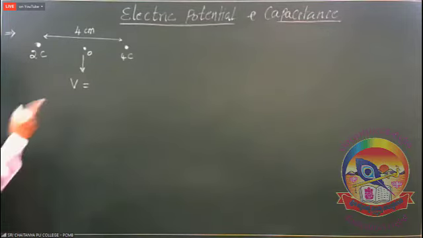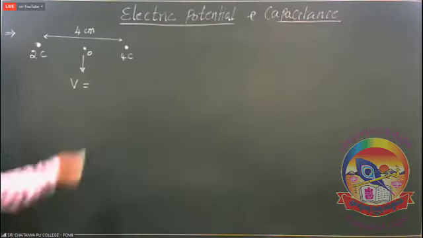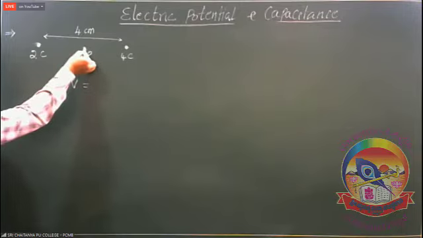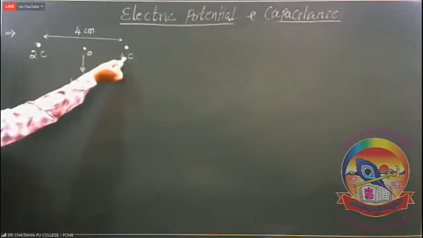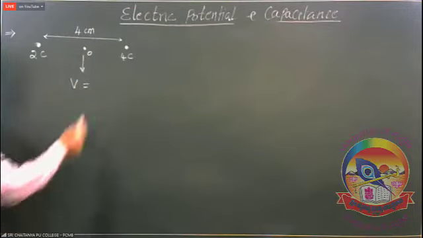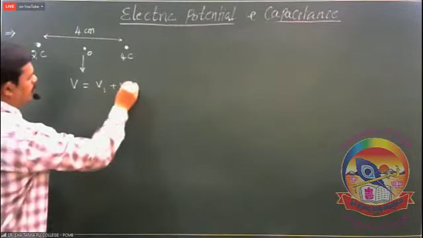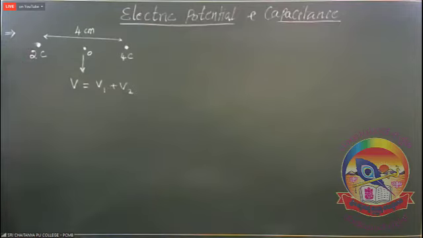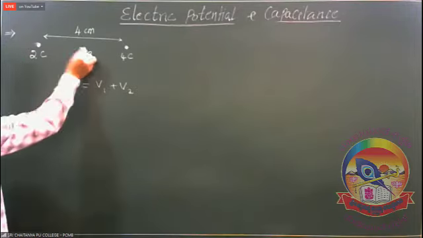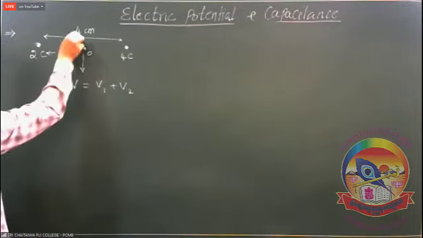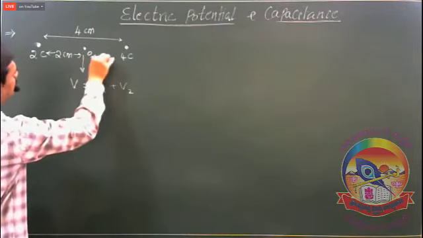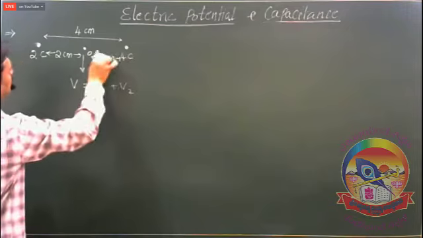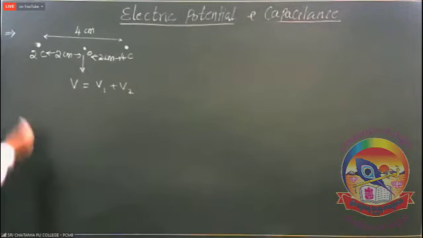According to our theory, the potential at this point is equal to the sum of the potential due to this charge and the potential due to that charge, V1 plus V2. This point is the midpoint. If the separation is 4 centimeter, each distance is 2 centimeter.